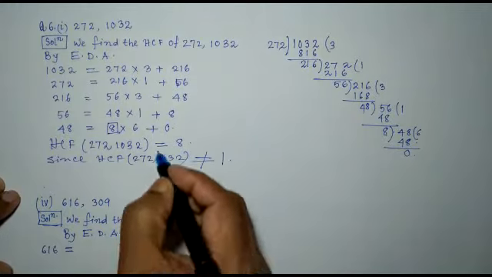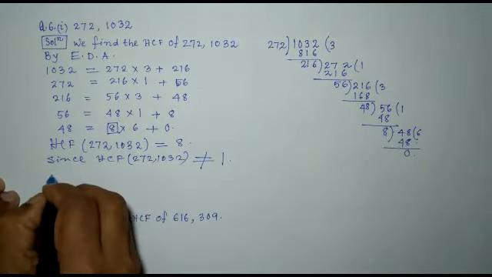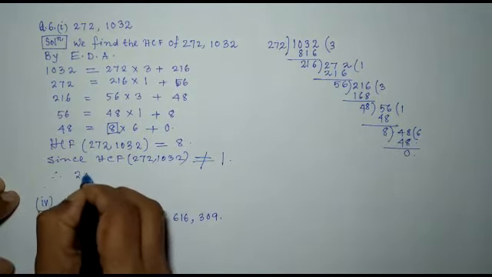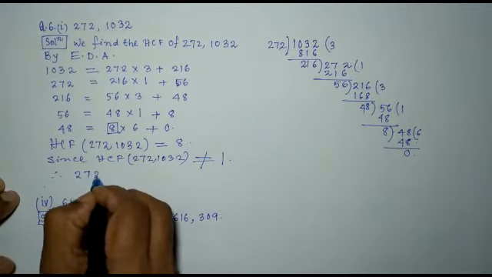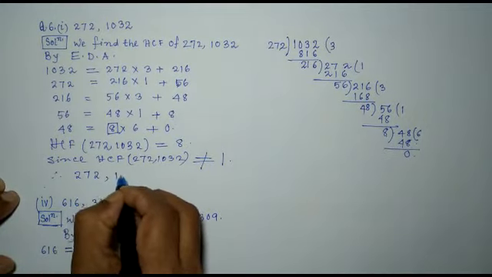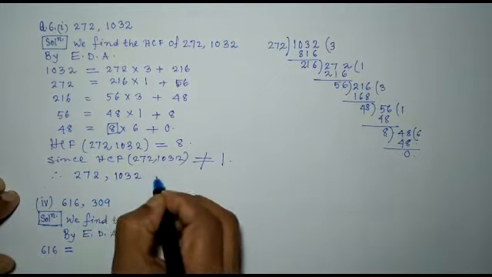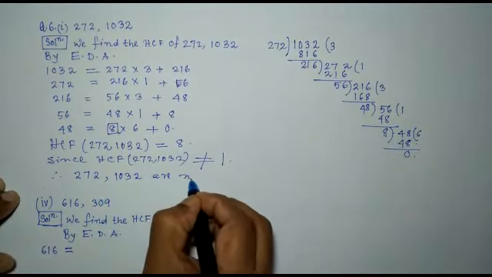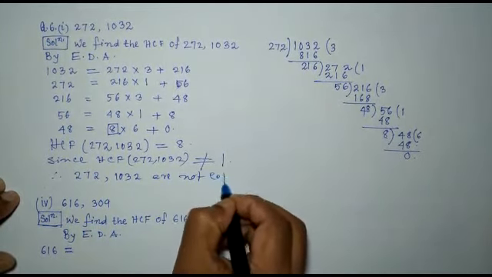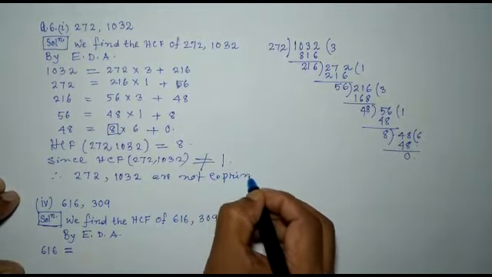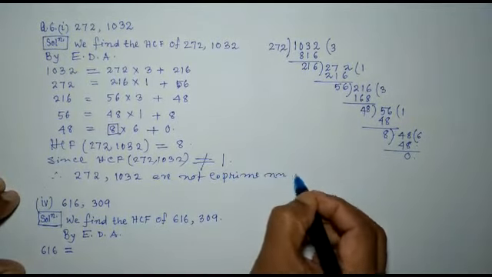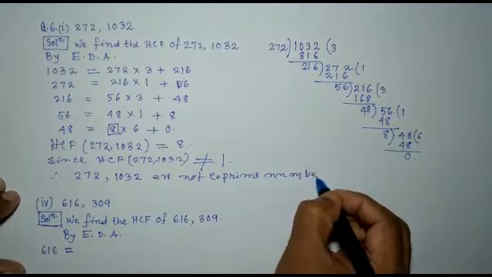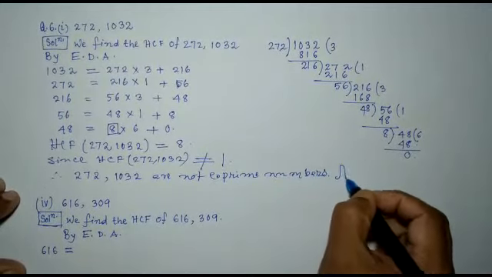If the HCF is not equal to 1, that means the two numbers are not co-prime. Therefore 272 and 1032 are not co-prime numbers. So that is the answer of the sum.